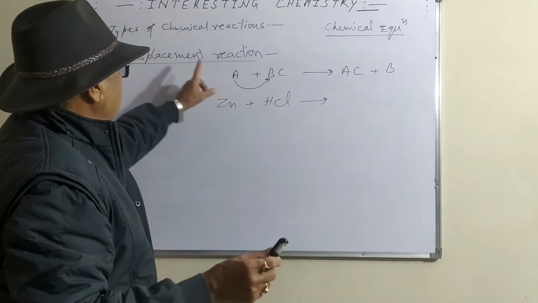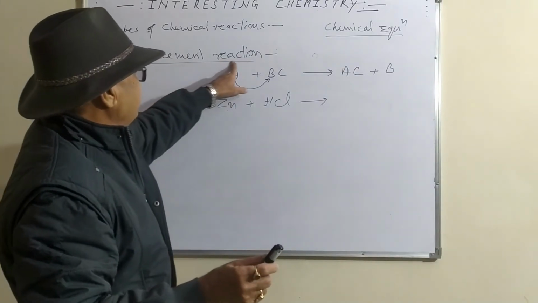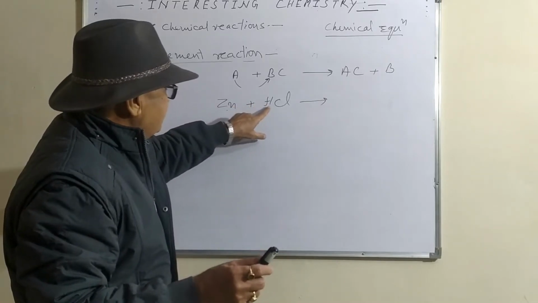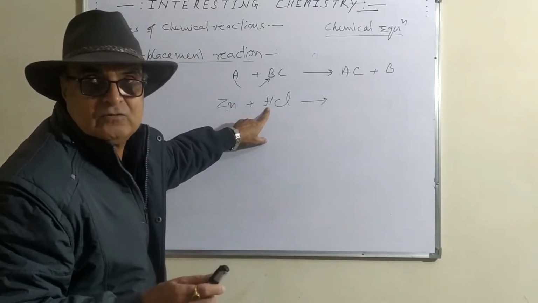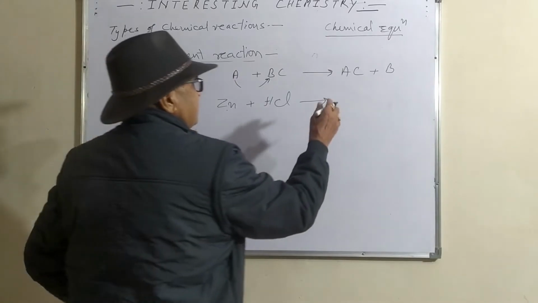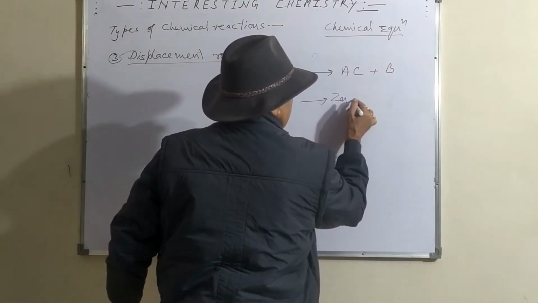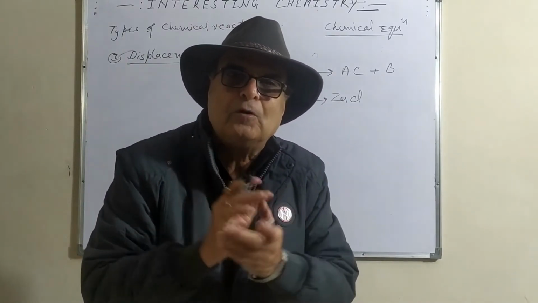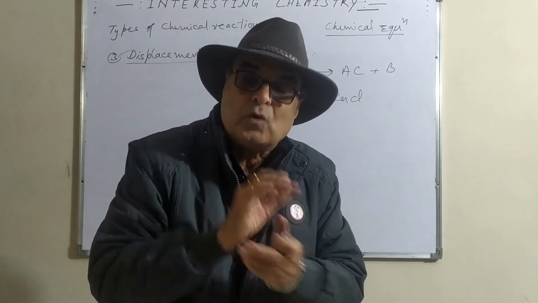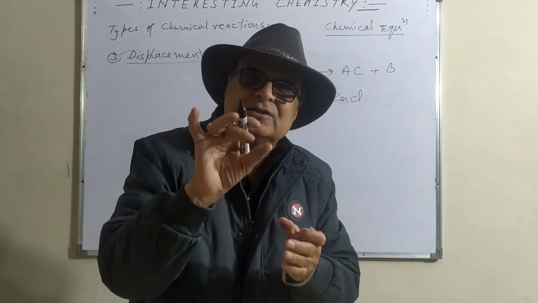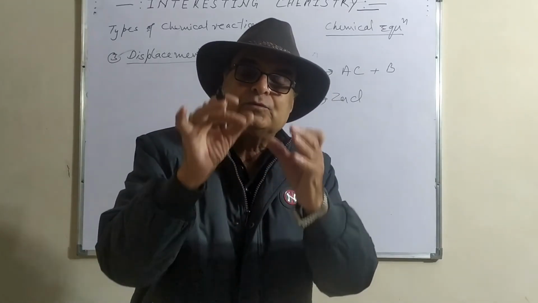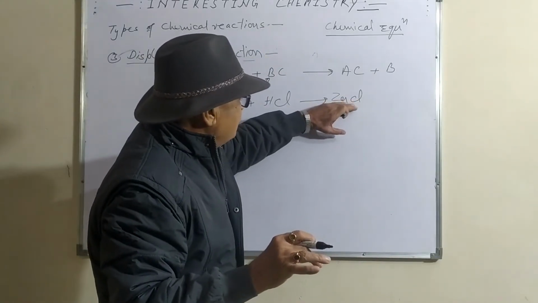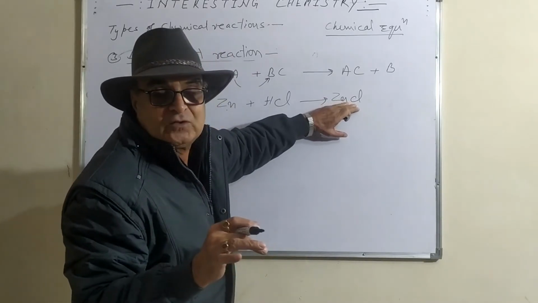As you know the displacement reaction, Zn will replace this hydrogen. You will write here Zn and Cl. So it is the newly formed product. Again you have to check whether the formula of this newly formed compound is correct or not.